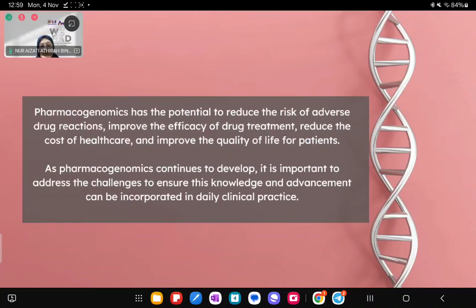And with the My Genome project, the population screening of genome-wide screening for population genetics has been introduced in August, I think, in Malaysia. So hopefully we will get that genome data as a reference in our population so that it will facilitate the implementation of pharmacogenetics.